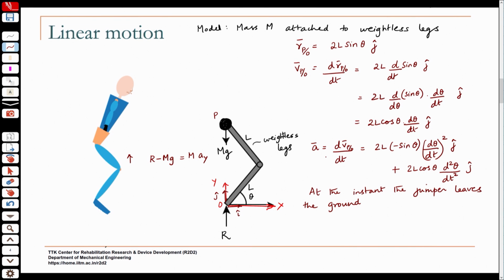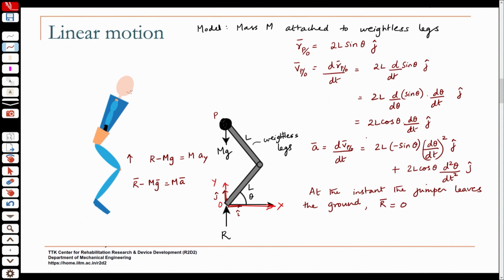I can write this in vector form as R minus mg equal to m a. In this case, again everything is in the y direction. So, at the instant the jumper leaves the ground, R equals 0.